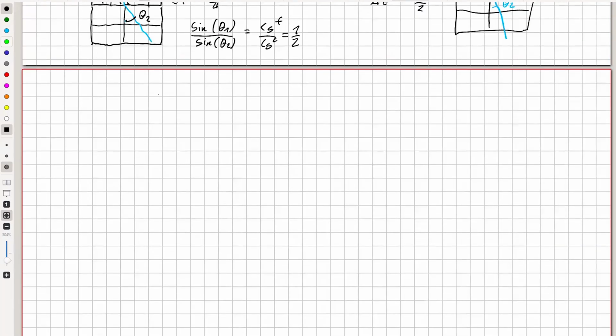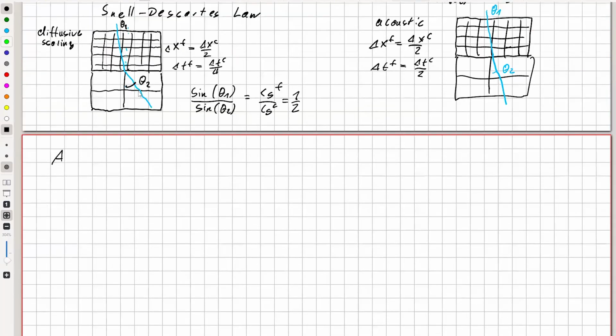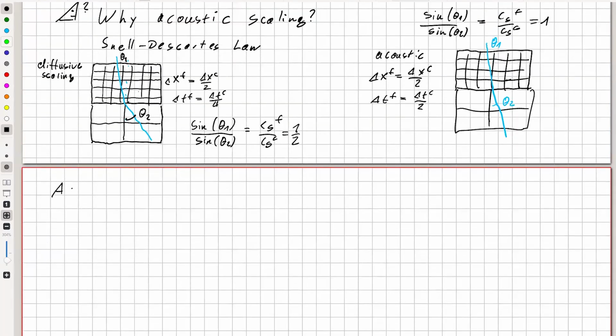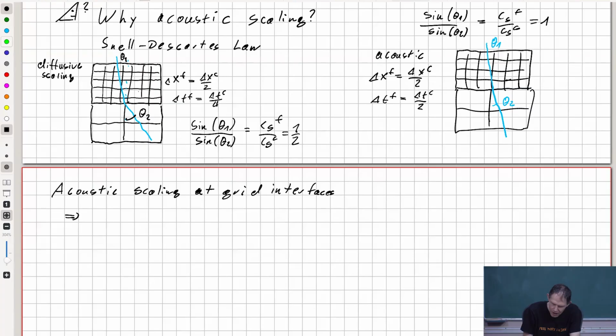Meaning that if we use acoustic scaling at grid interfaces, this avoids reflections.